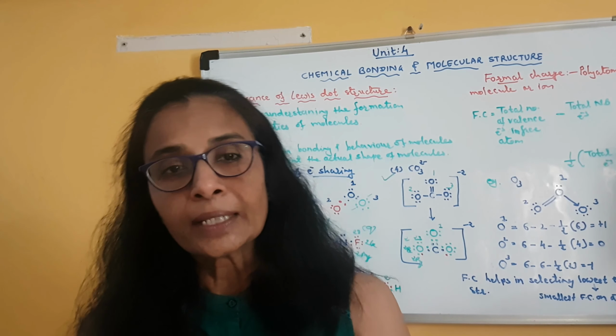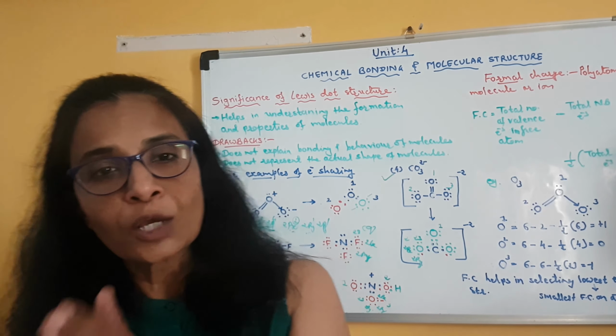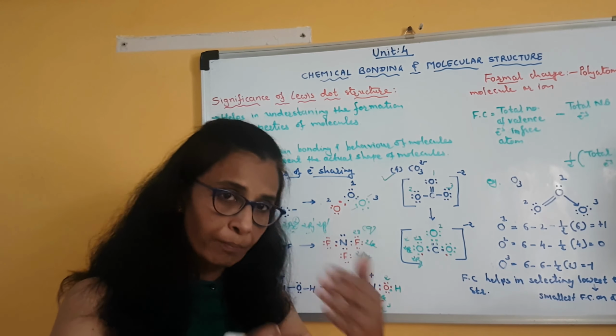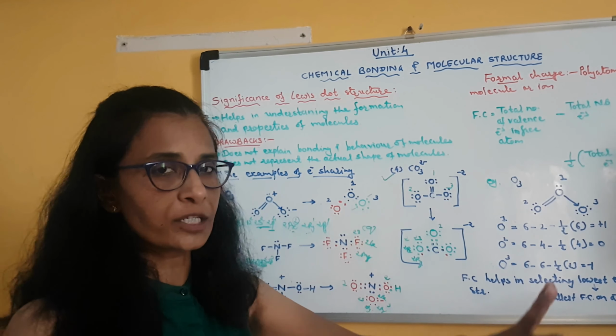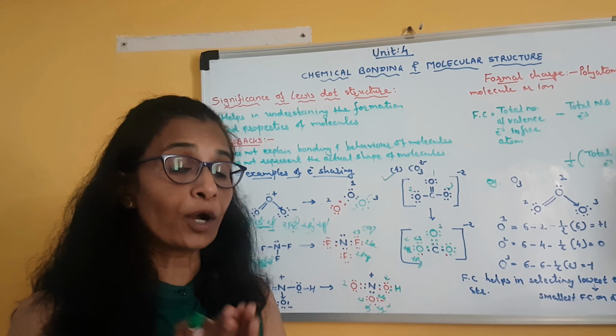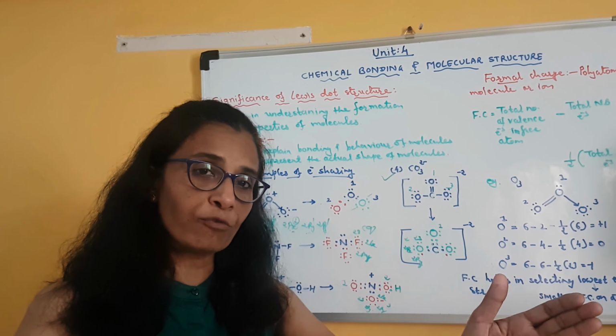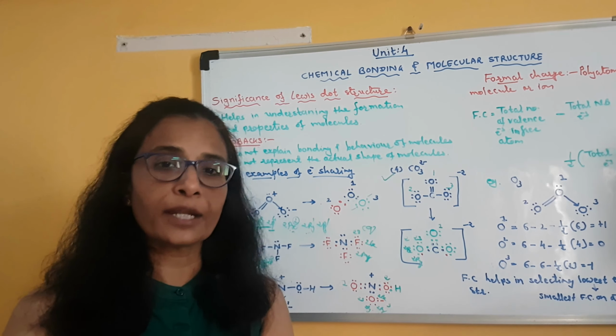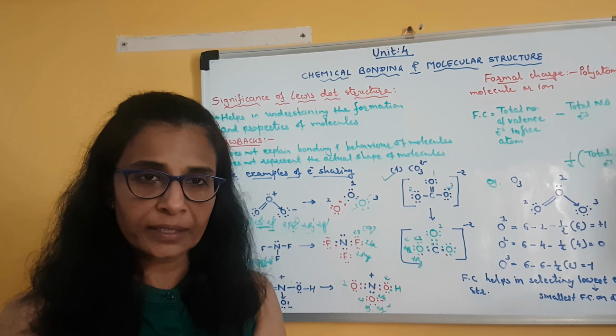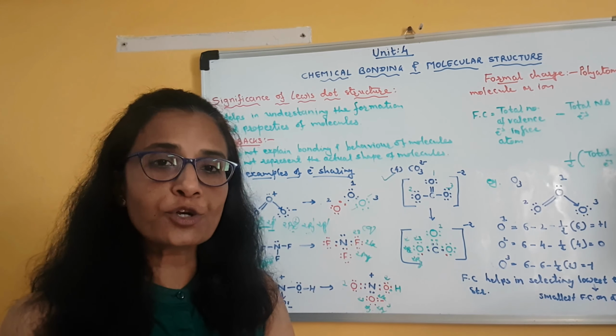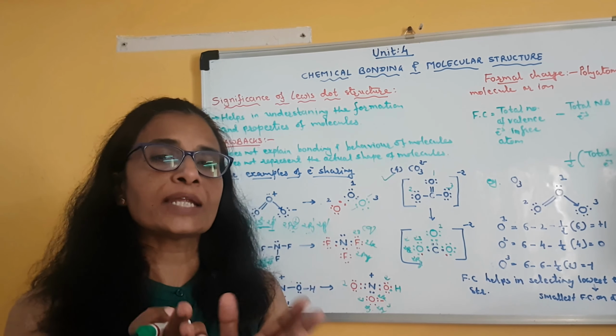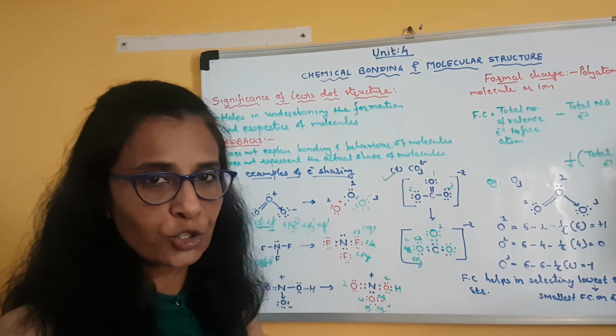Clear? And the number of electrons which are shown in bonding by the Lewis dot structure. Clear? So in bonding means it is a lone pair of electrons as well as the shared electrons. All are included in that. Clear? And valence electrons means the total number of valence electrons present in the outermost orbit.